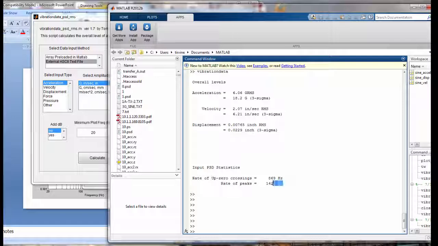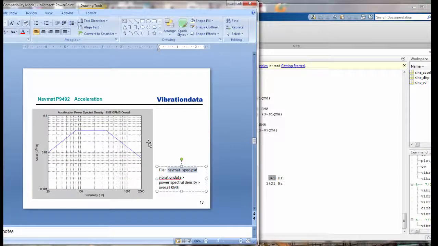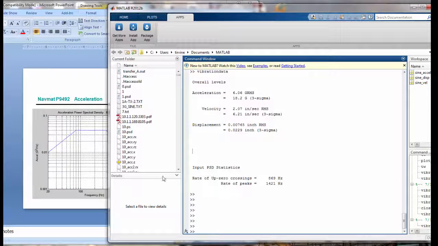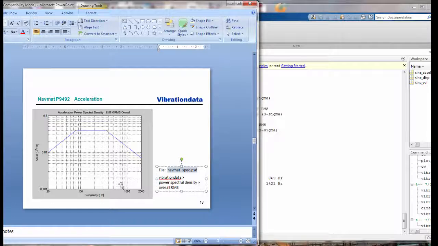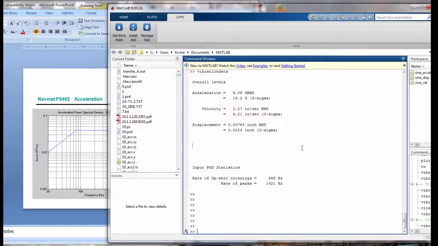Oh, also here's our 2 other parameters. We have the rate of 0 upcrossings here, which is in some manner a characteristic frequency of the PSD. Well, this is a broadband PSD, so saying that the characteristic frequency is 869 Hertz doesn't really mean too much to us right now. And then there's the rate of peaks.